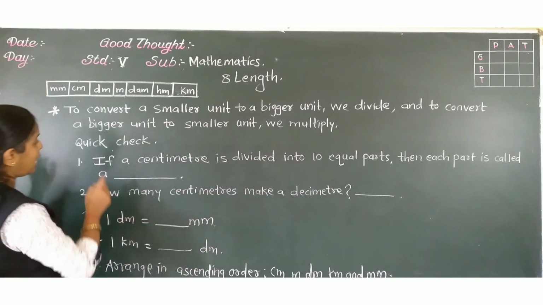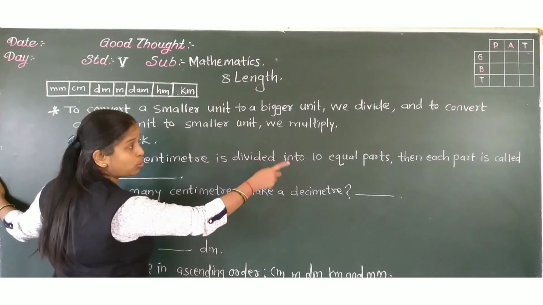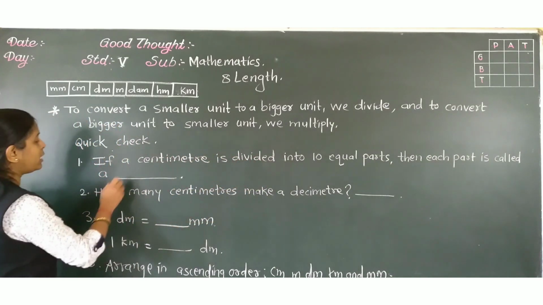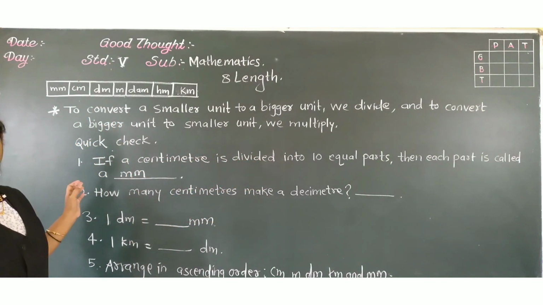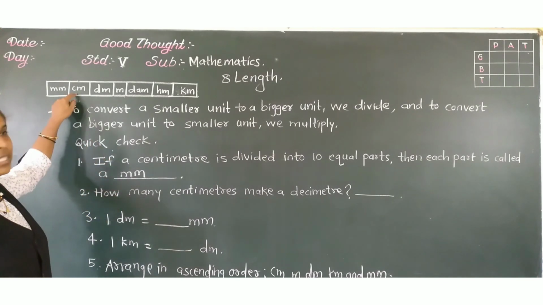Millimeter, correct? That is, if a centimeter is divided into 10 equal parts, then each part is called a millimeter. One part, 1 millimeter. Like that, 10 millimeter means 1 centimeter.